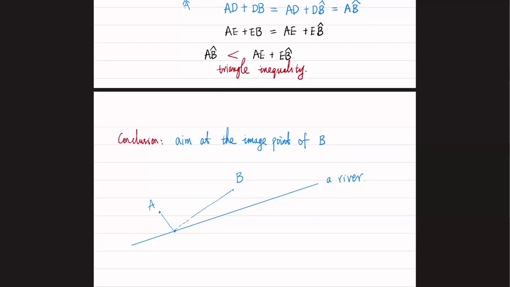Does mirror work on this one? Okay, yes, mirror also works on this one. So how do you find the shortest path? Just do a mirror on B. Okay, so we can do a mirror of B, and we connect this.